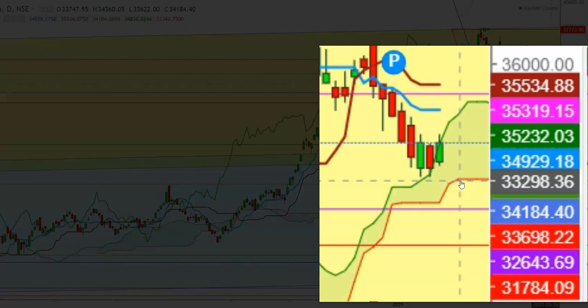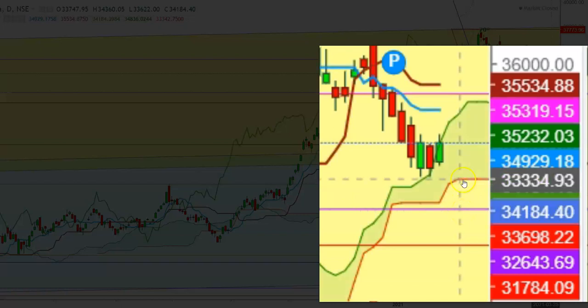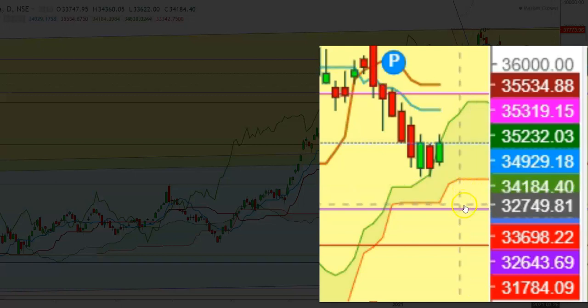33,298. And I find that a sustainable move of Bank Nifty below this level could push the Bank Nifty up to the level of 32,603. And I find that if the Bank Nifty is not able to defend this immediate support at 33,334, we could see this fall continue, where the Bank Nifty could find the second support at 32,713.